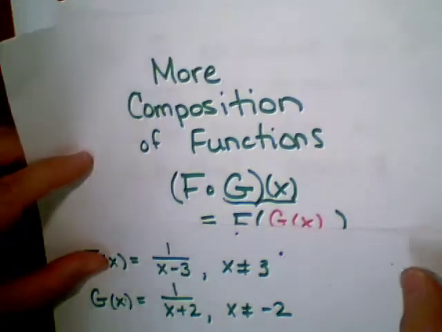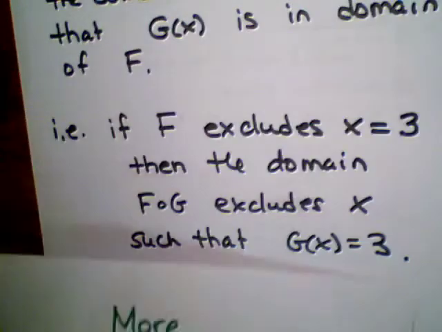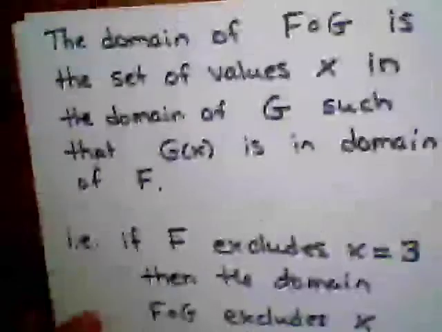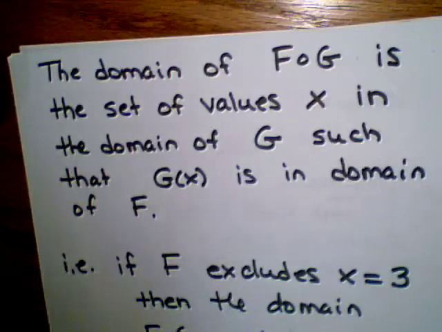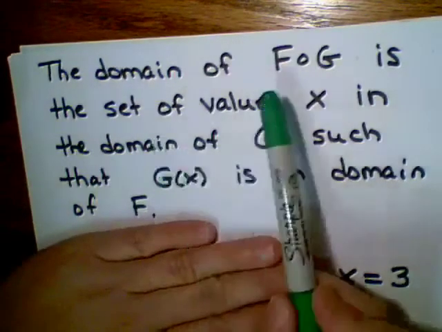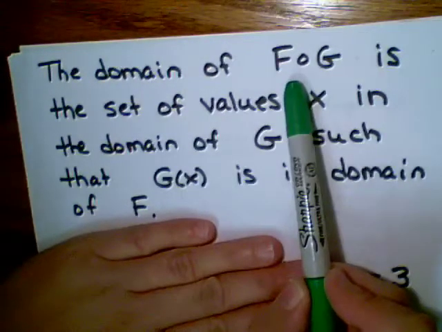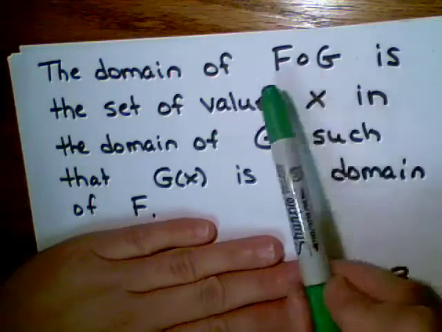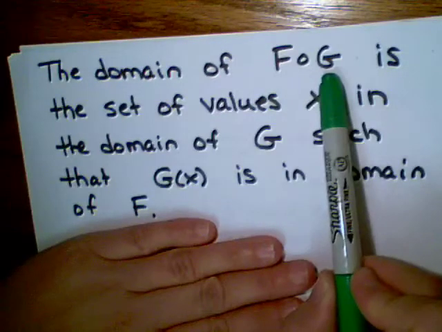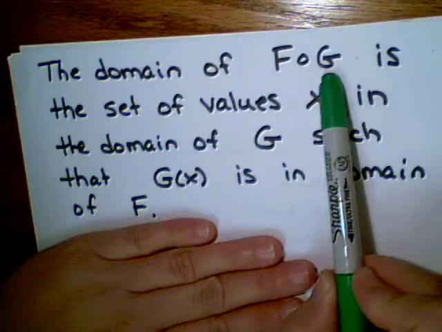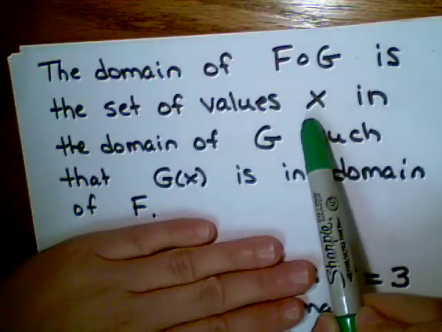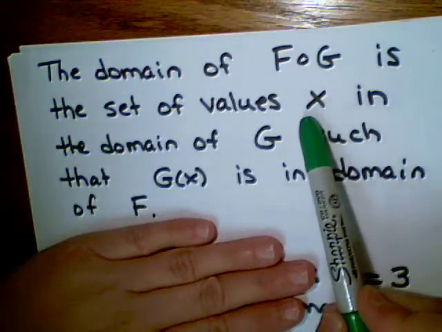First, I want to remind us how we determine the domain of a composition function. If you look at a definition in a textbook, the domain of this composition, f composed with g, is a set of values of x that satisfy two things.